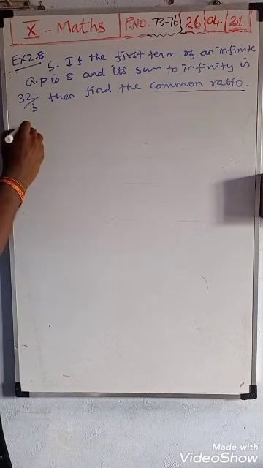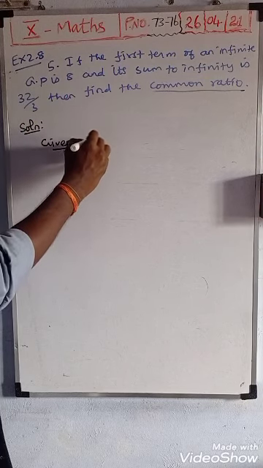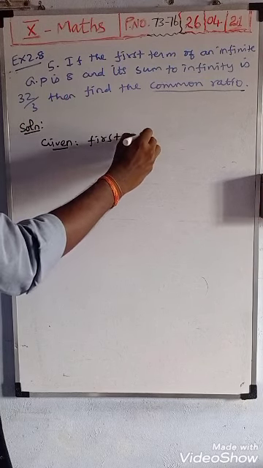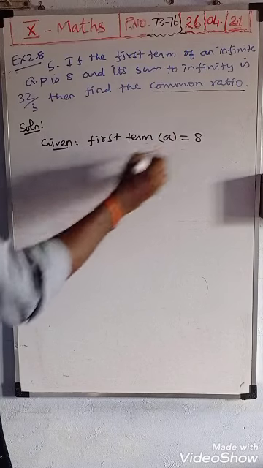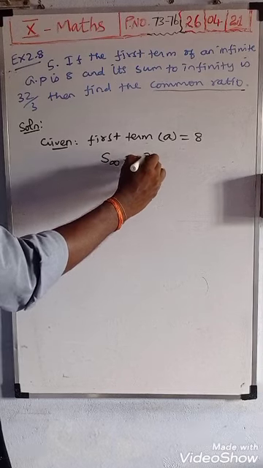So see the solution. First, write what is given: first term a is equal to 8. Next, S infinity is 32 by 3.